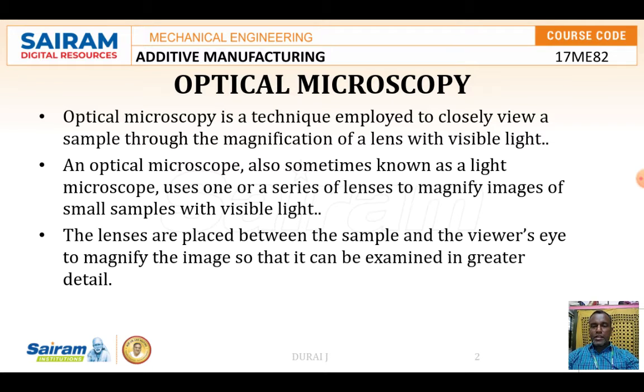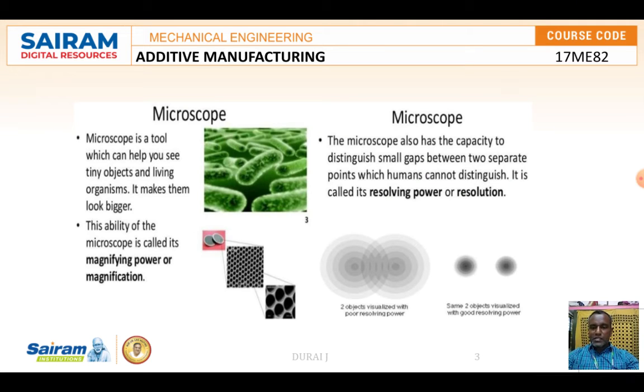Even in the microscope a scale is attached, so we can find the dimensions of the particle also. Normally, with the help of the lens, the microscope magnifies the particle size so that we can view it.